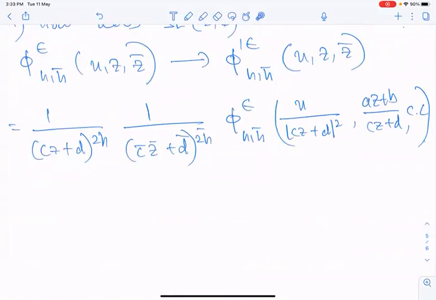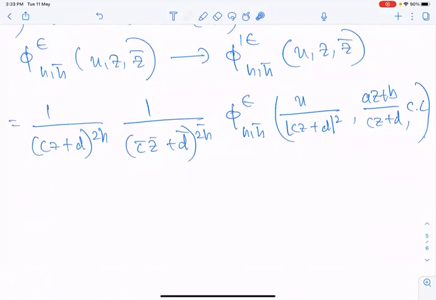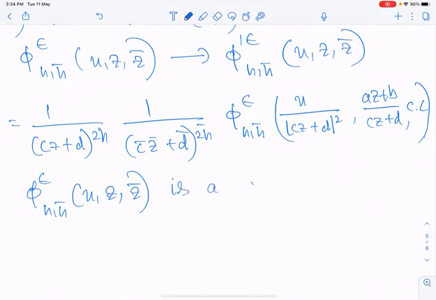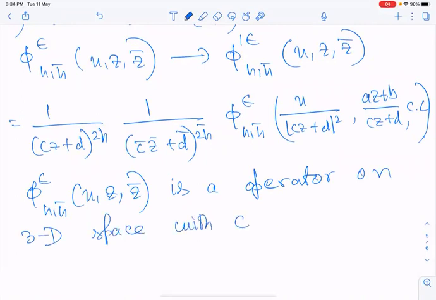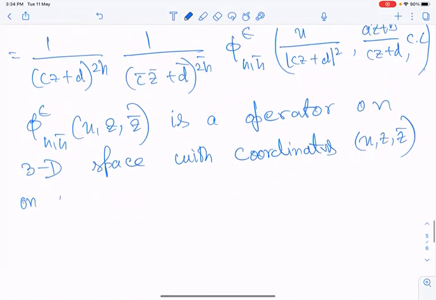This essentially tells you that this phi is an operator on a three-dimensional space with coordinates u, z, z bar, on which SL2C can act.